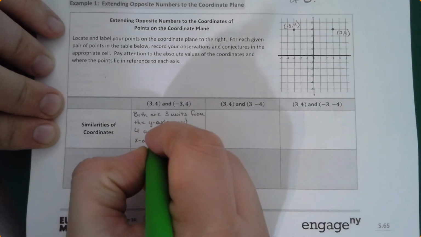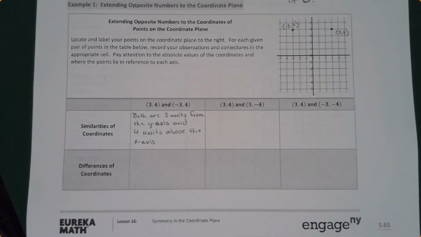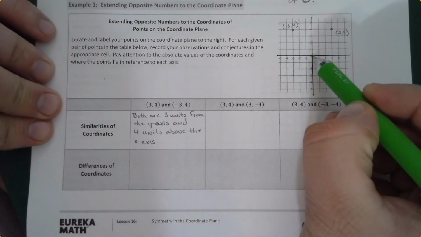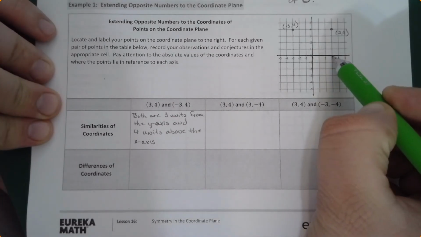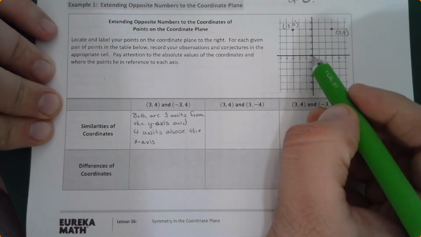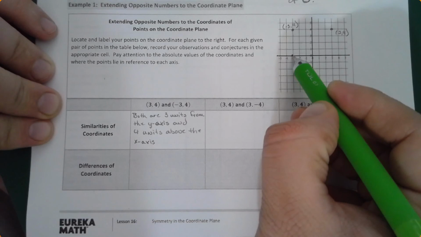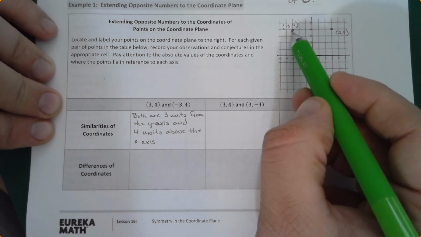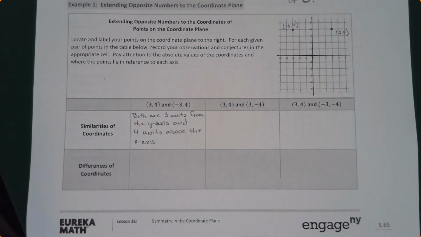And I know what you're saying, Mr. Hale, how do you know this? Well, when I was plotting the points, I recognized that there was a pattern. As I was plotting, I was moving 1, 2, 3 units from the y-axis before I started going up. And then for the other point, I still counted 1, 2, 3 units from the y-axis before I counted up. So they both are the same distance from the y-axis. And they're both the same distance from the x-axis.